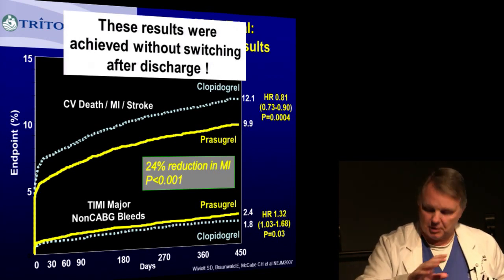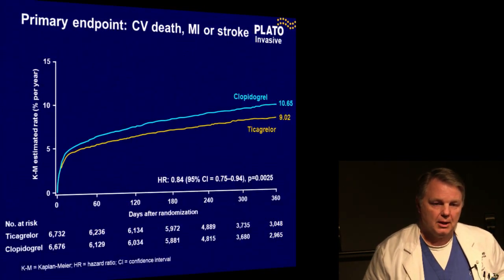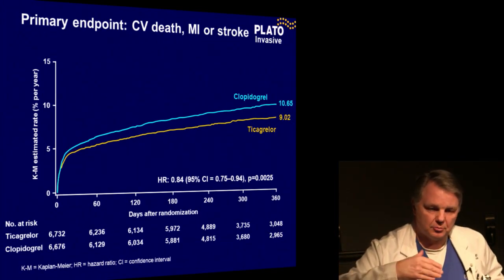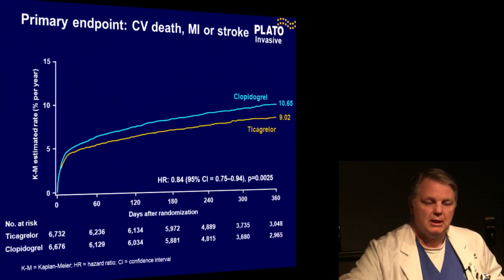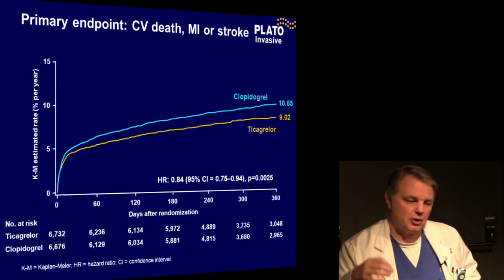If you are going to attempt to get the same results, you really can't get that if you start switching. This is the PLATO invasive. Chris showed you the overall PLATO trial. This is more for the invasive strategy, looking at ticagrelor over clopidogrel. And you see here for the primary endpoint, nice separation, although not very early on.